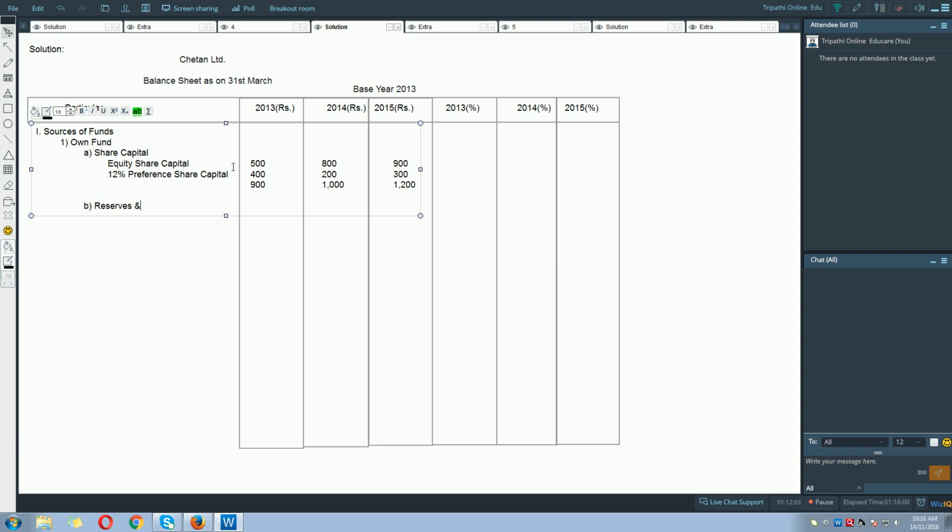So equity share capital is 500, 800, 900. Preference share capital 400, 200, 300. So total will be 900, 1000, and 1200.